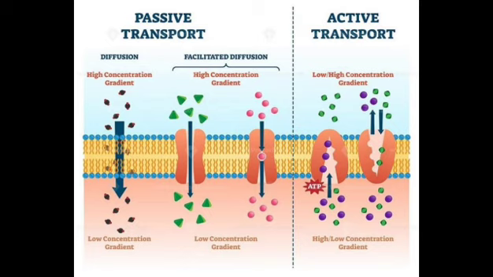Osmosis happens when water moves from high concentration to low concentration area. It happens in cells, and it basically always happens in plant cells.